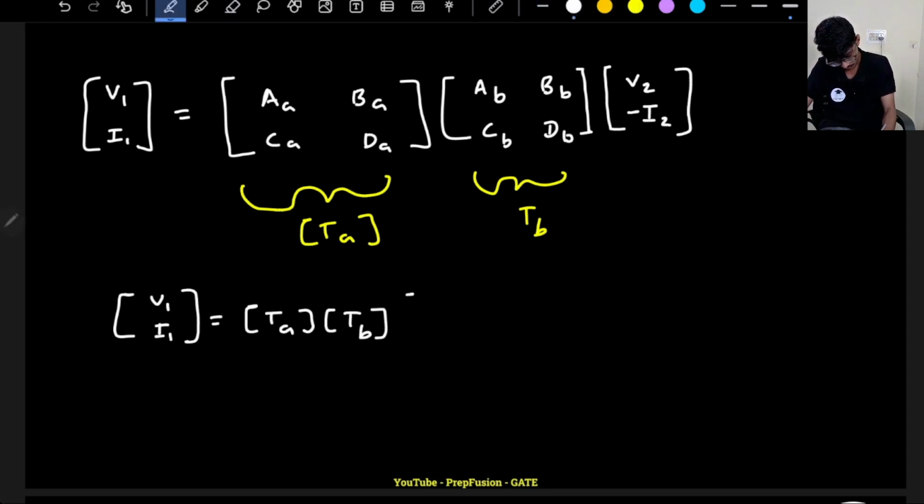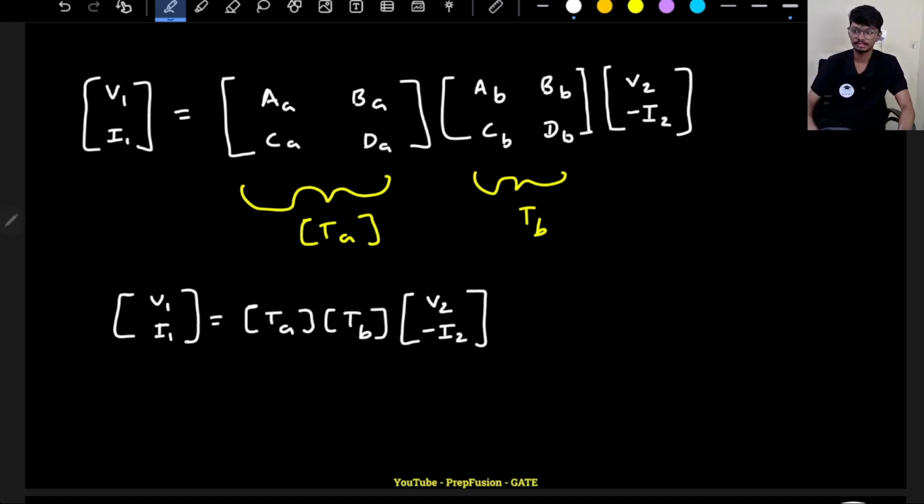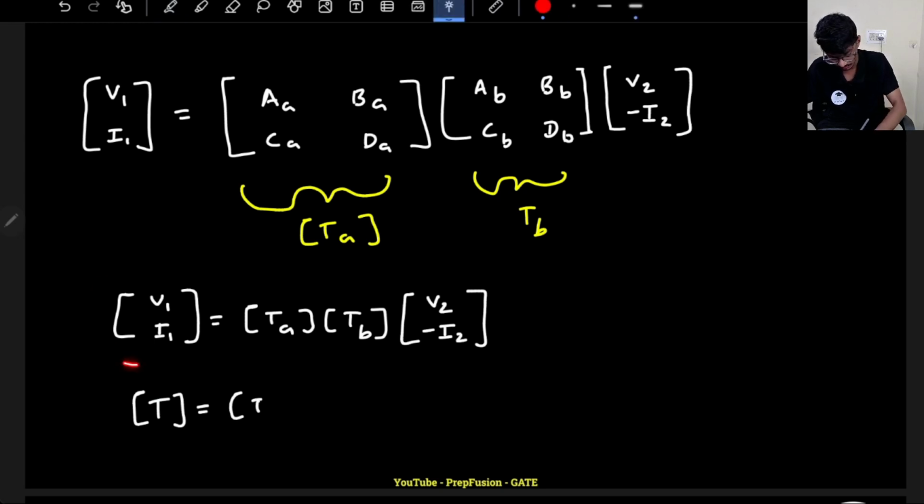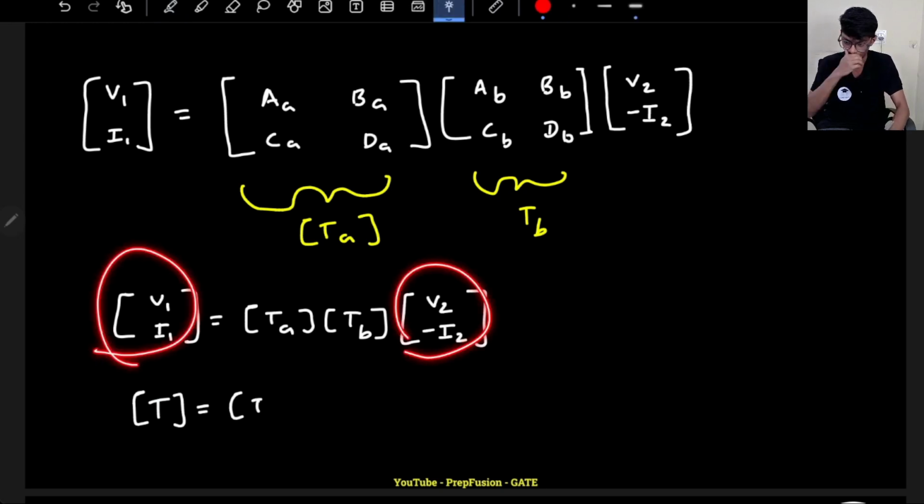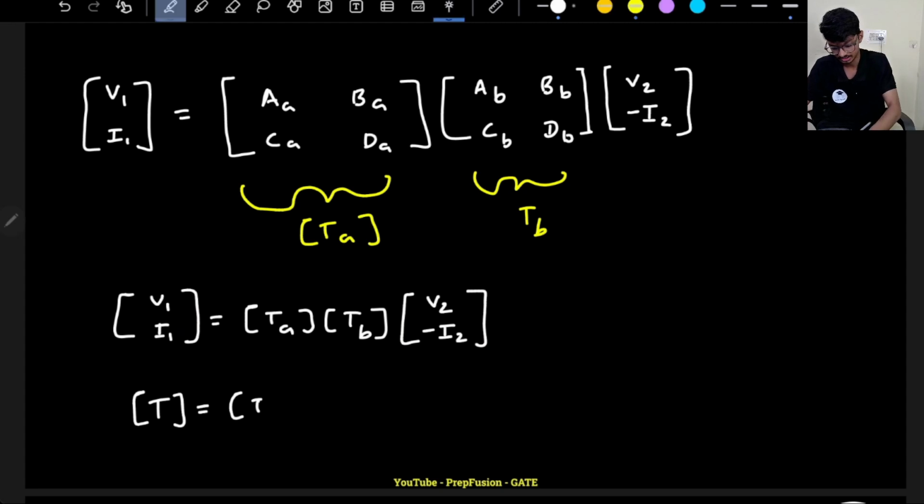So this value comes out to be TA into TB. My overall T parameter matrix is TA into TB, because this relation between V1, the input port, and the output port is just for the transmission parameter matrix.